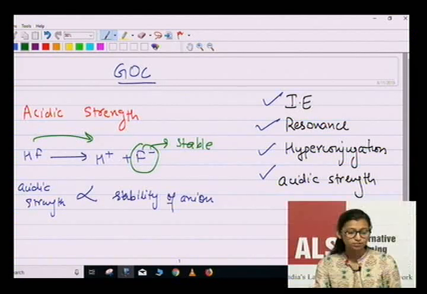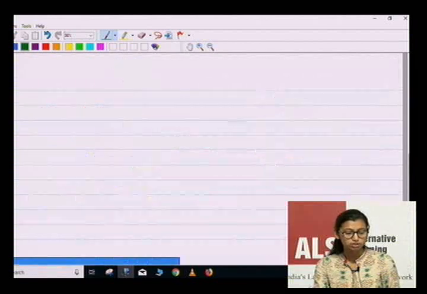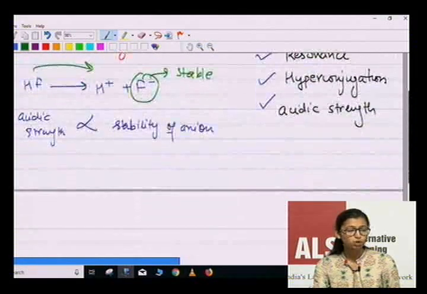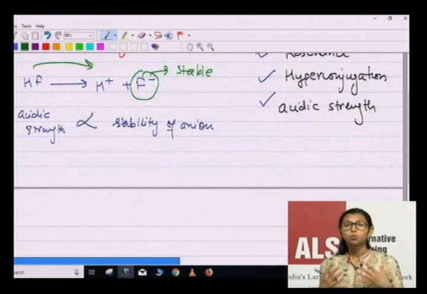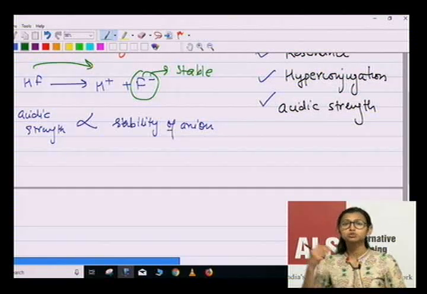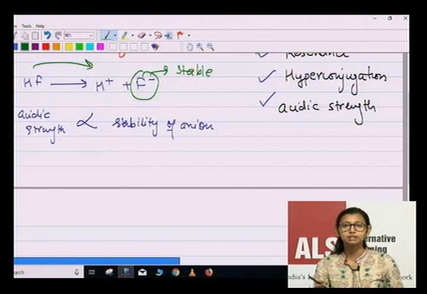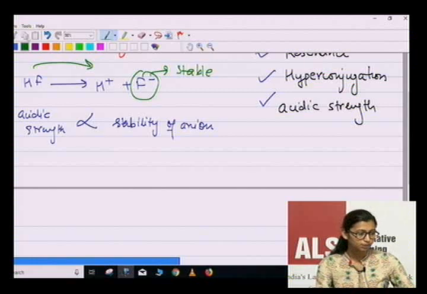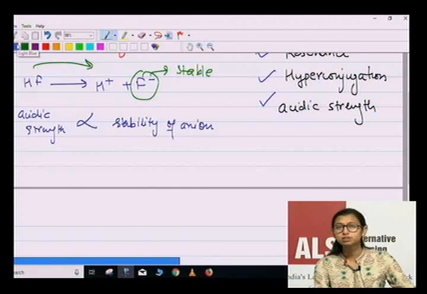So this is the way you will be solving the question. So always remember, if anyone wants to become a very good acid, what work will it do? It will say, see my H plus, you just go away. I want to become a stable negative conjugate base or a stable negative anion, okay? So this is the main idea.